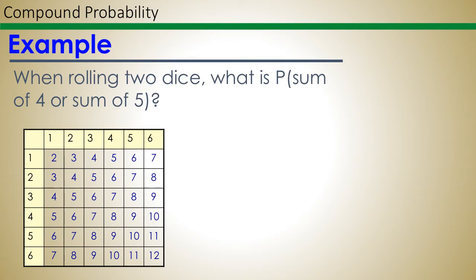When rolling 2 dice, what is the probability of getting a sum of 4 or a sum of 5? This time, these are mutually exclusive because I cannot get both a 4 and a 5 at the same time. For sum of 4, there are 3 different ways I could get 4, and there are 36 possible outcomes, so 3 over 36.